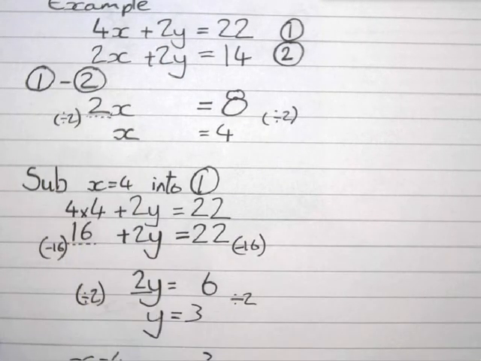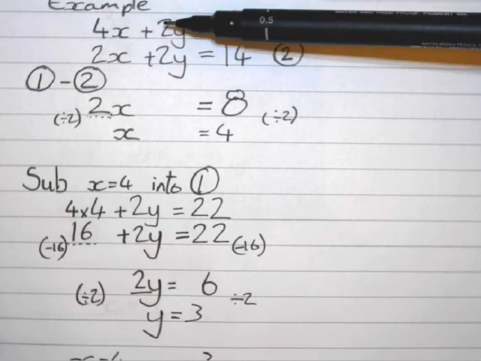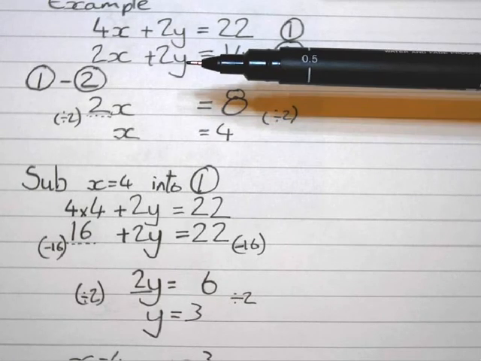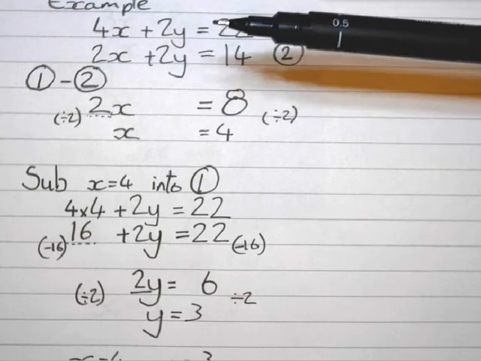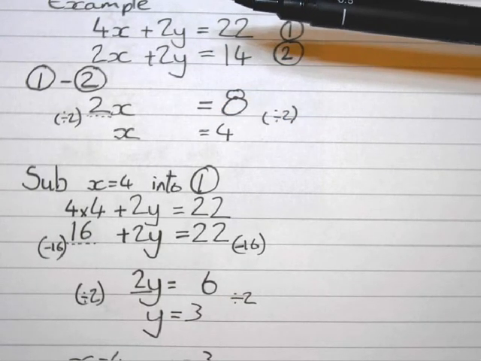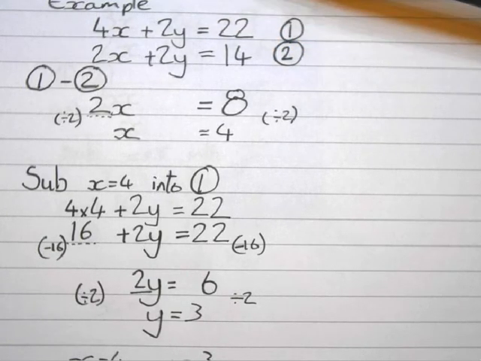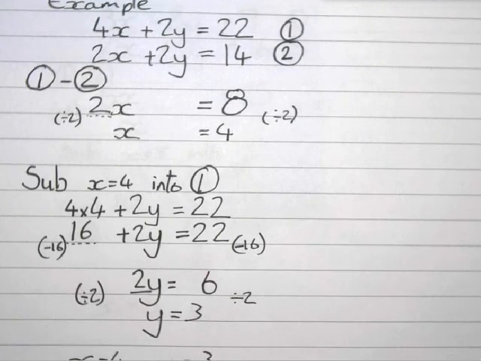Now this also applies if they were both minus. If it was minus 2y and minus 2y, we'd still subtract them. So you've got to remember that when the signs are the same, we subtract. When the signs are different, we add. That's the main area that people fall down on.